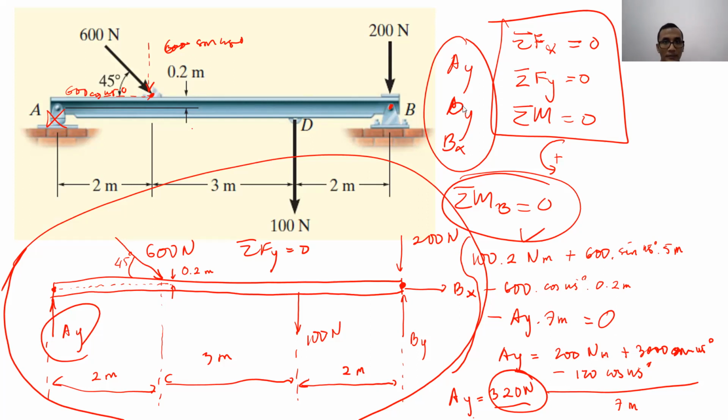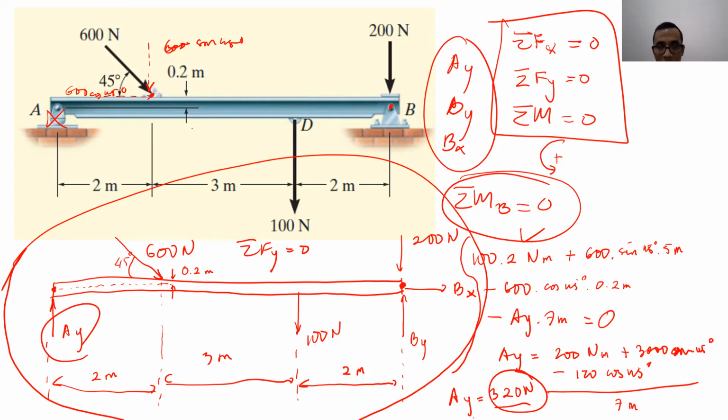Pak mau tanya. Ya, William. So the reaction force which happens at point A or B, the direction is always the opposite of the resultant force in the X or Y component, right?